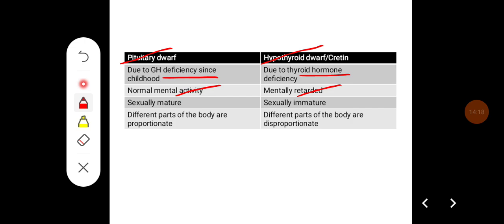The pituitary dwarf is sexually mature and cretin is sexually immature. In pituitary dwarf, different parts of the body are proportionate, whereas in cretinism, the different parts of the body are disproportionate. That is, the upper segment is more compared to the lower segment.